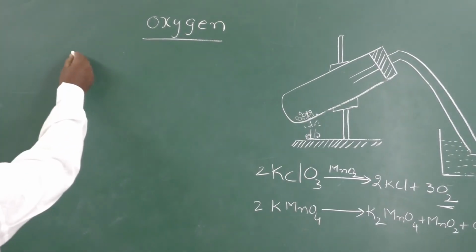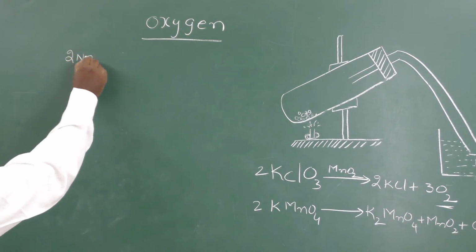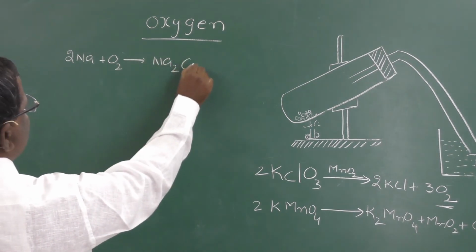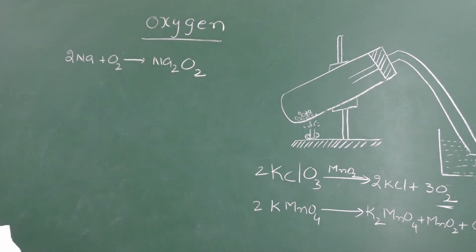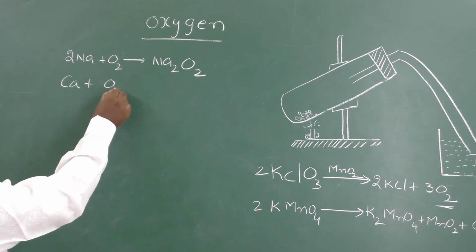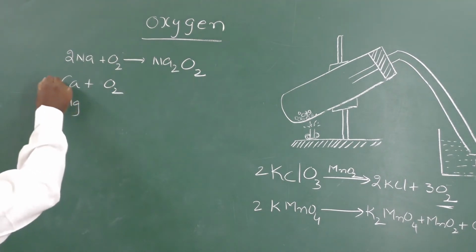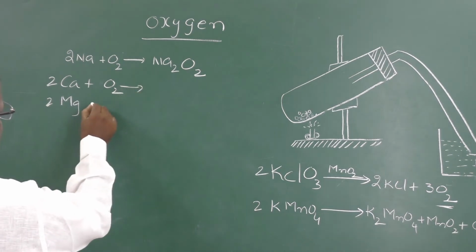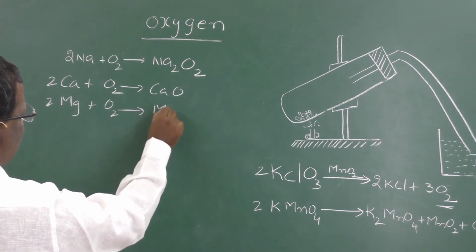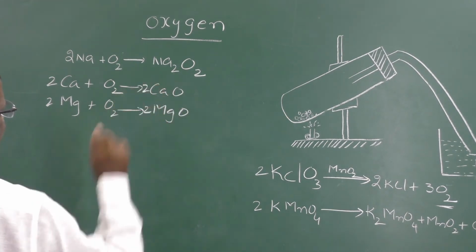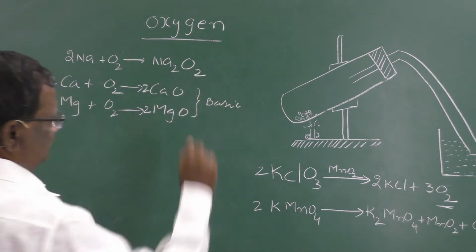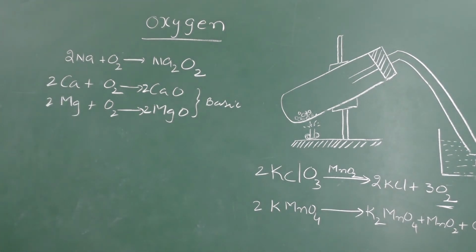Now, metals like sodium react with oxygen to give sodium peroxide, and metals like calcium or magnesium give us their respective oxides: calcium oxide and magnesium oxide. These two metal oxides are basic in nature.